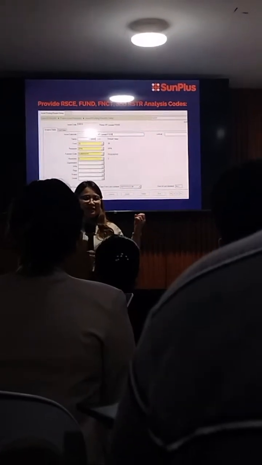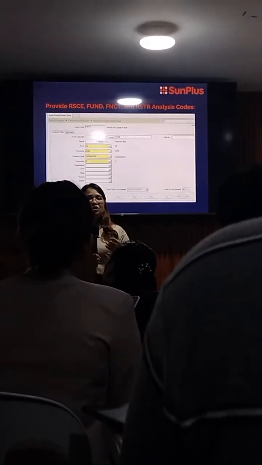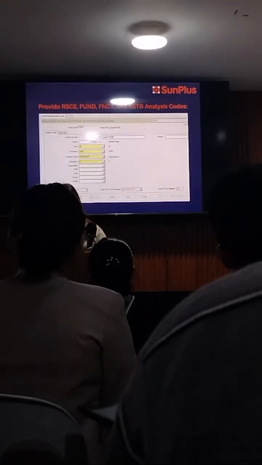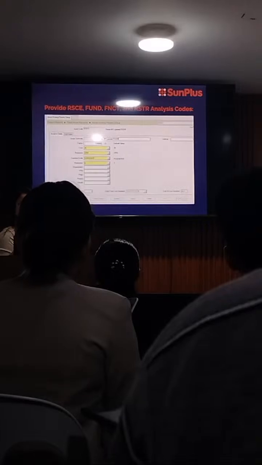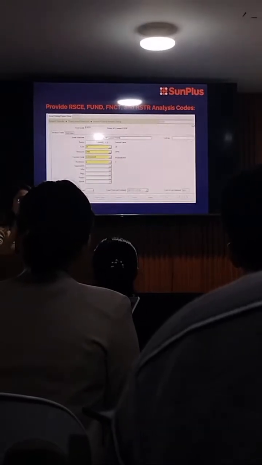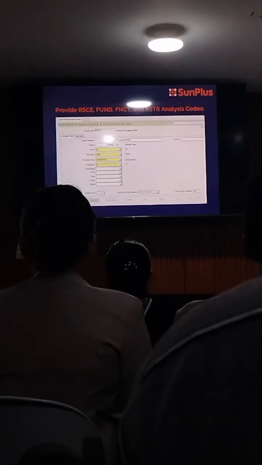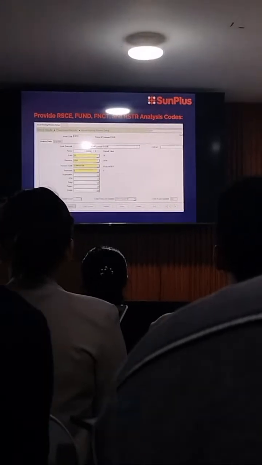Fund? Function? Restriction? Resource. Ito siya. Because since the system is doing it automatically for you, you have to give the system the information kung ano ipopost niya every time mag-post siya ng depreciation.